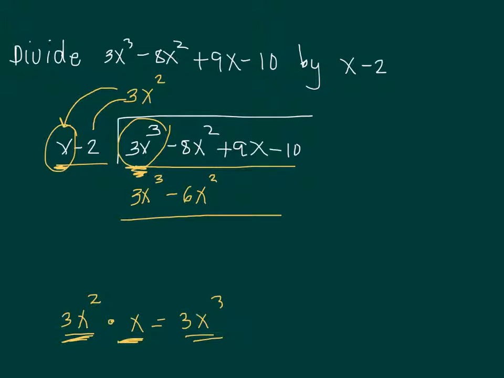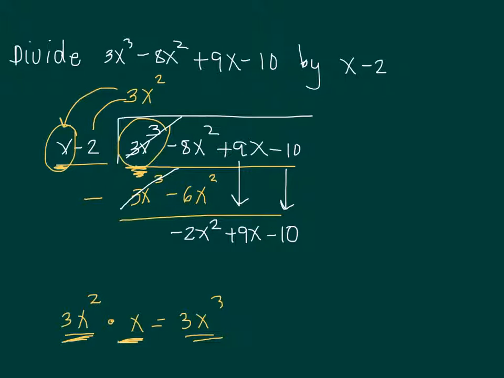After that, same with the division of numbers, you subtract the result from the polynomial. So if I continue to do this, so 3x cubed minus 3x cubed is 0, negative 8x squared minus negative 6x squared should be negative 2x squared. And then just bring down 9x and minus 10.